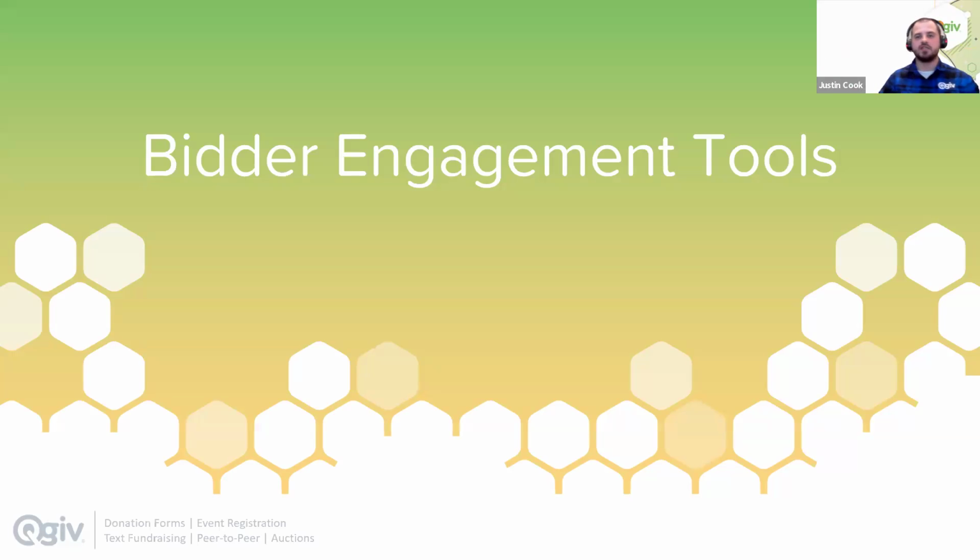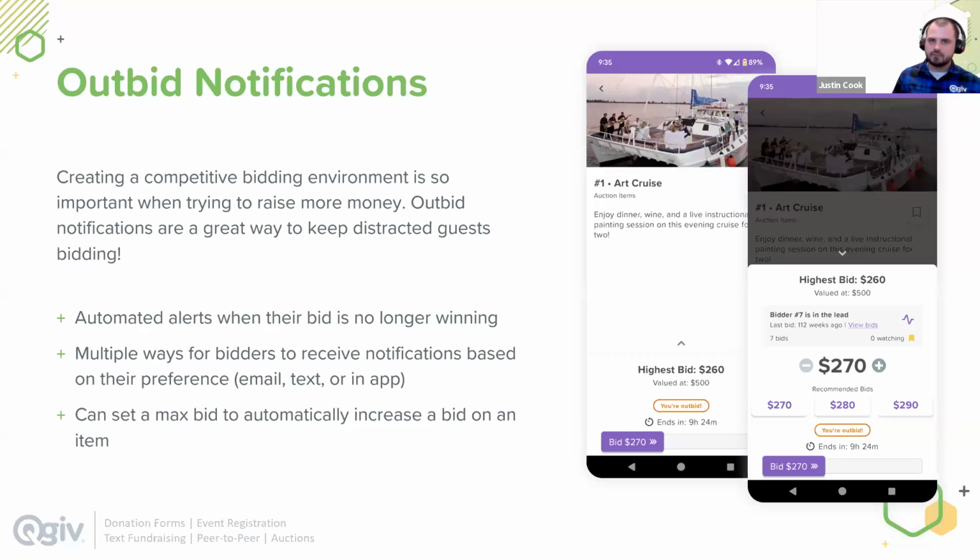What are the tools that you can offer to not only help them bid on items, but to make purchases on site at your auction? What about tools that help your guests that are on site donate to your organization? What are some ways that you can encourage that on site and make it as easy as possible, not only for your guests to participate, but also for you to record and reconcile later on for your auction?